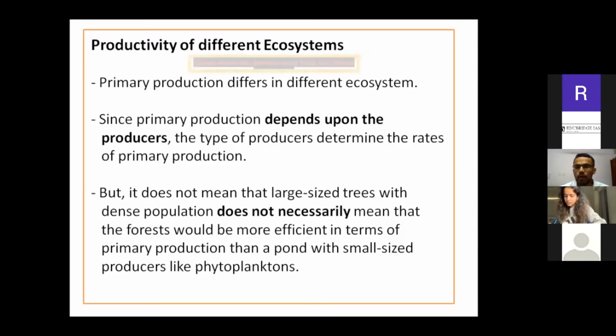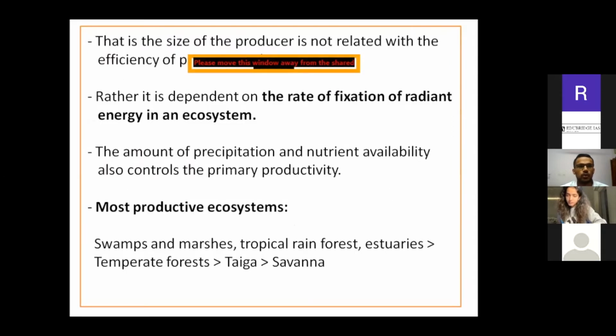So it is about the use of radiant energy in the form of sunlight, right? Next. So that is the size of producer is not related with the efficiency, fine.